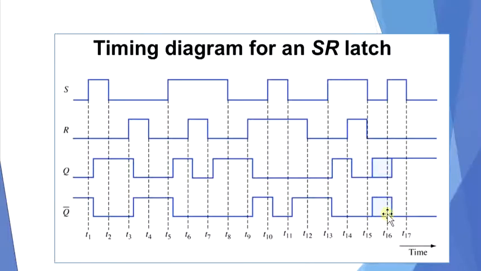That is, for a combination of 0 0, the output is unpredictable. The latch may be in its 0 state, 1 state or the metastable state. At T16, however, the application of logic 1 on the set input terminal returns the latch to predictable behavior after a short propagation delay.